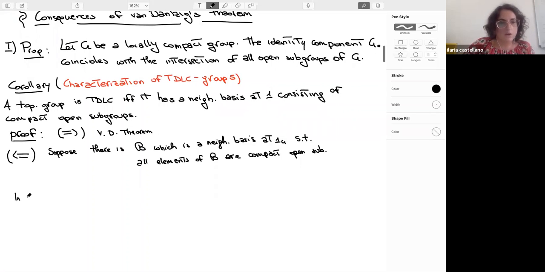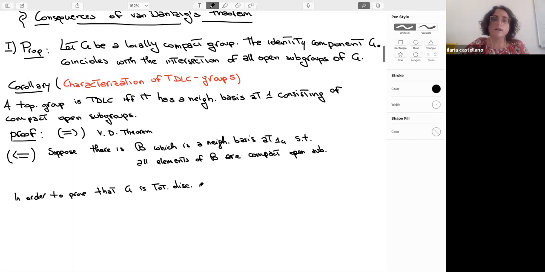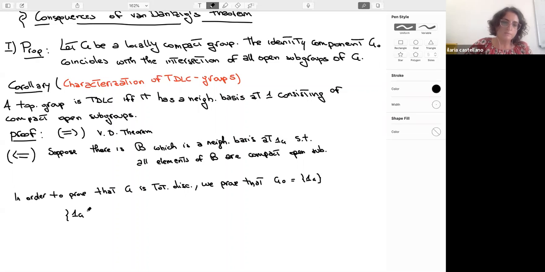So in order to prove that G is totally disconnected, we prove that the identity component is trivial. But how do we do that? So we just noticed that {1_G} is the intersection over all elements of B, because this is a neighborhood basis.